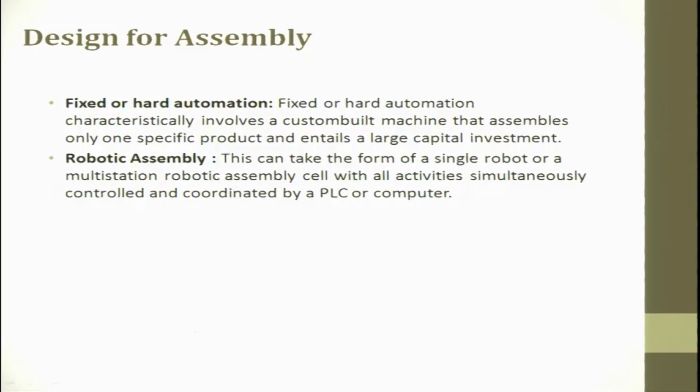When you talk about assembly, there are 2 types of assembly. One is manual, and I said automatic assembly. Then you have fixed automation and robotic automation. See the difference between robotic and the other automation: robotic gives you a freedom of reprogrammability. That means multiple tasks can be done.